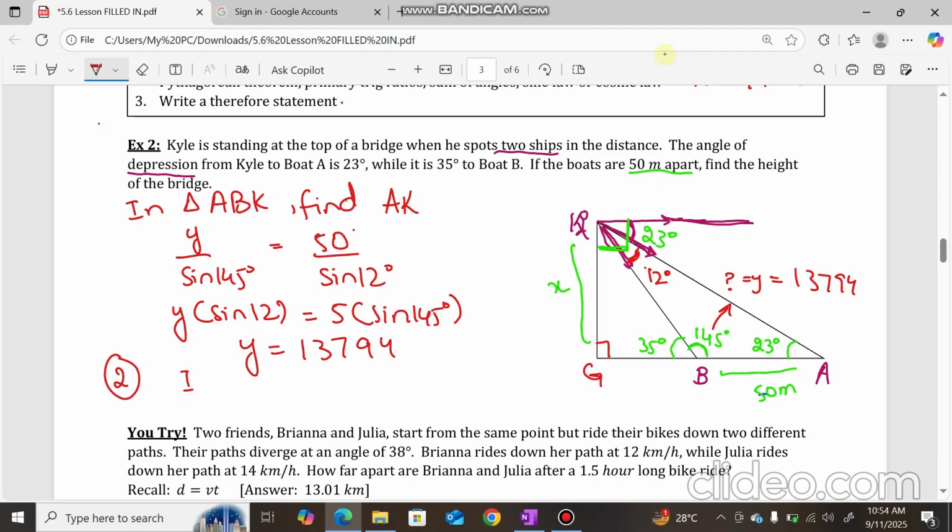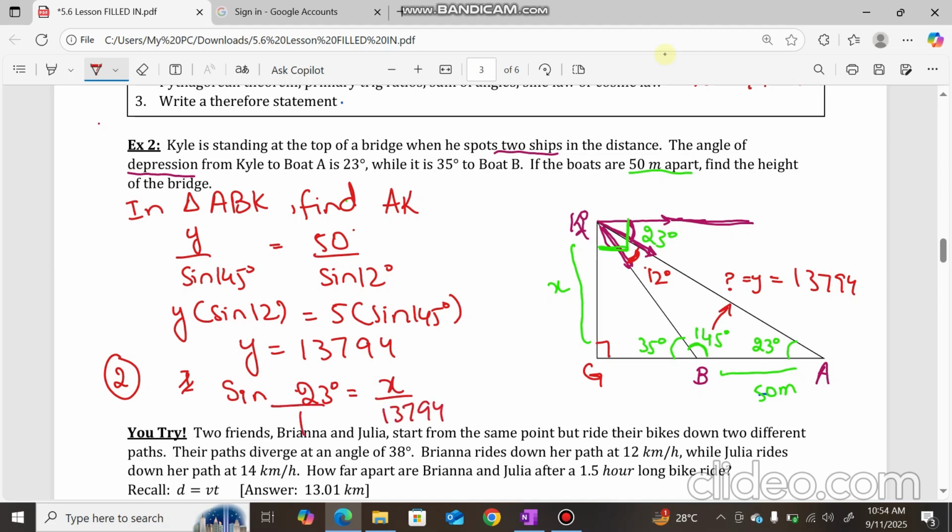So we will use this formula, because this is a right angle triangle. Sine theta equals perpendicular over hypotenuse, so theta is 23 degrees, the perpendicular is x, and the hypotenuse is 137.94.